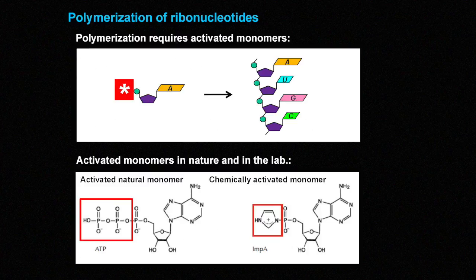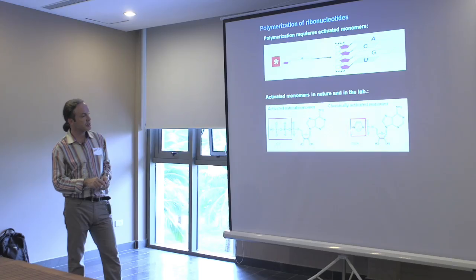The polymerization of ribonucleotides always requires an activation of the nucleotides. It's a chemical issue. In nature, ribonucleotides are activated by three phosphate groups. Two of them are stripped away when the ribonucleotides interact. And in chemistry, we use an imidazole group to activate the nucleotides.